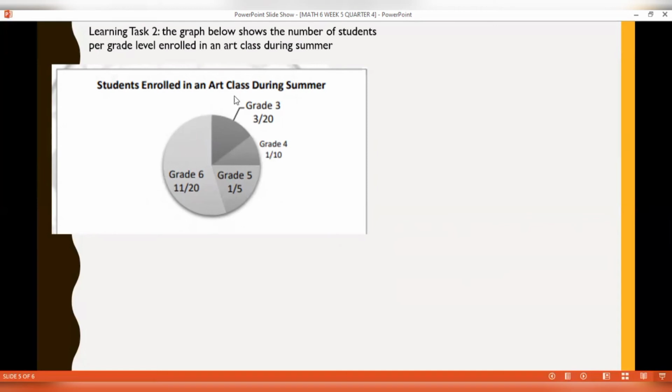So kung makikita nyo, mas marami yung population ng grade 6. Pero hindi sinabi kung ilan. Ang nilagay lang dito ay yung fractional form, or pwede rin natin i-convert into percentage ito. We can use that. We can simply use the fraction.